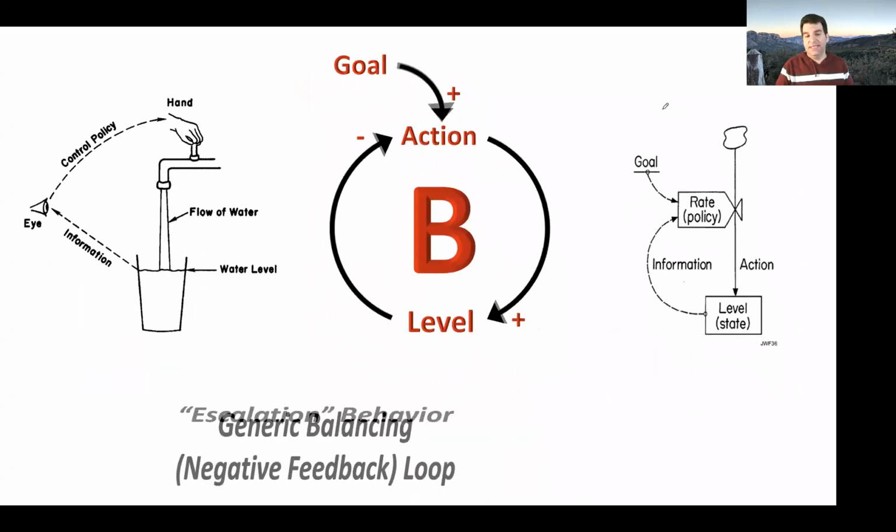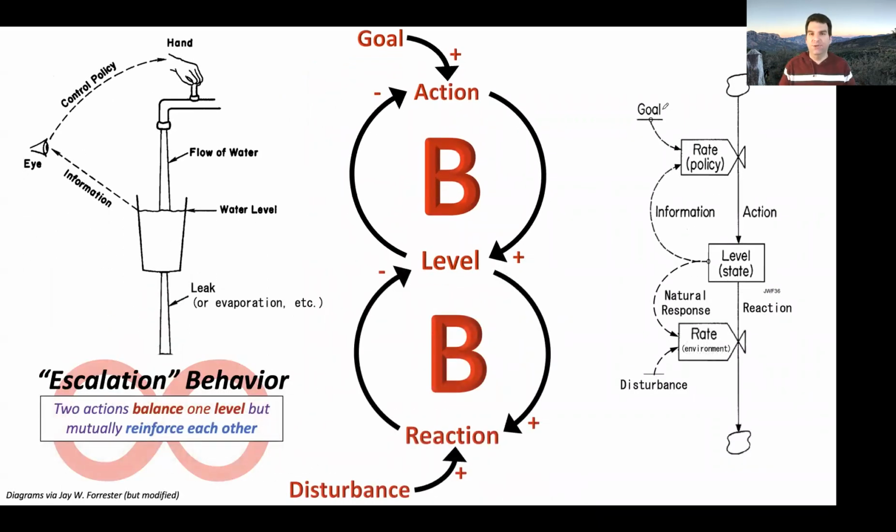Now, I mentioned to you last time that if you couple 2 of these balancing loops around one level, you get escalation behavior. And if you're looking for a mental model of that, think of this bucket as if it has a leak. As you get more water in the bucket, you're going to get a bigger leak coming out of the bottom of the bucket because there's more weight pushing on that.